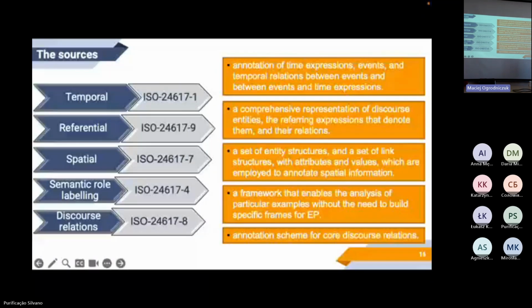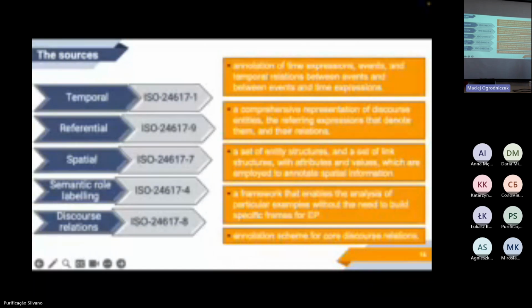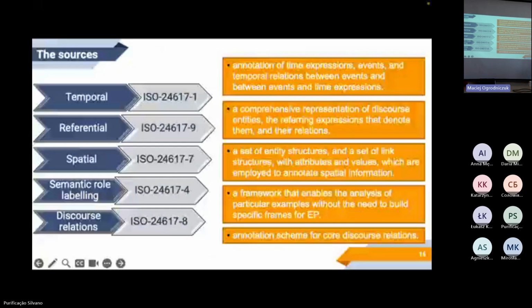And finally, we have discourse relations that allow us to represent meaning relations between different situations represented also in the news. So these are the different parts that compose our annotation scheme.